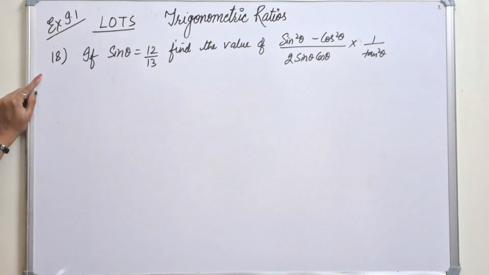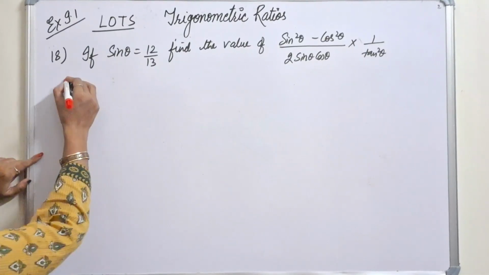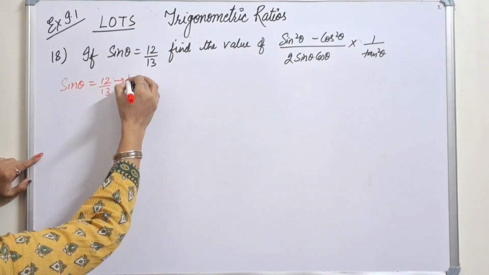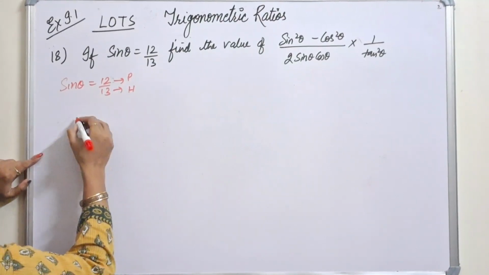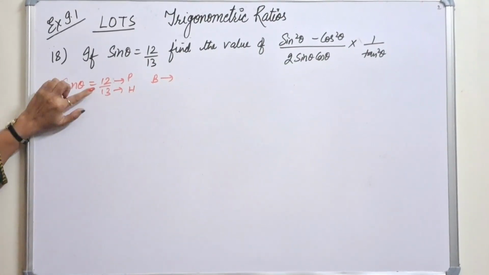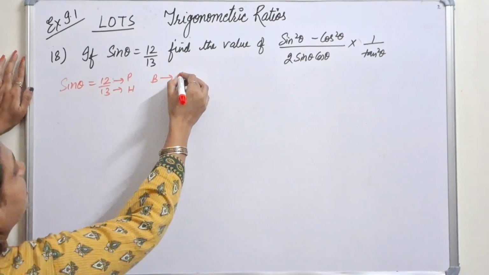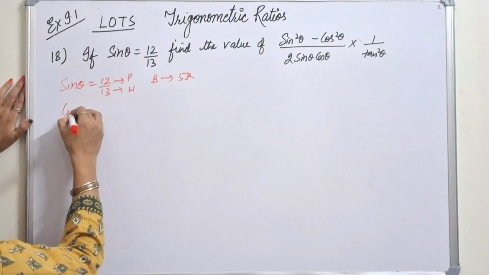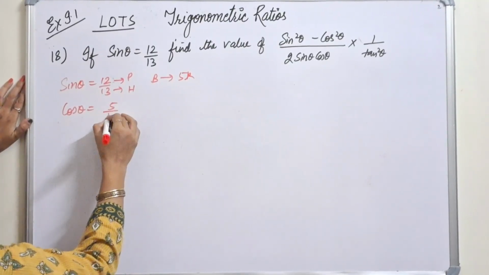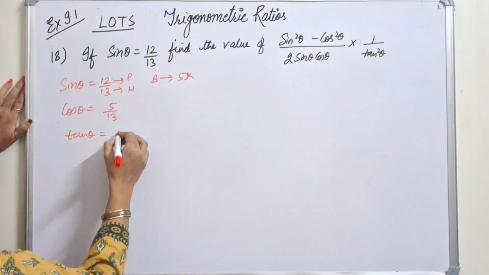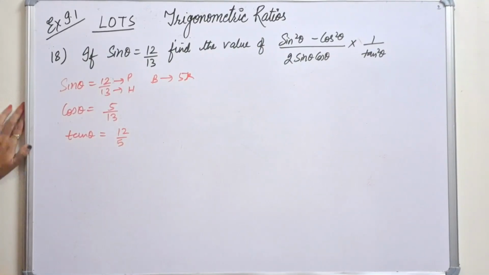See, sin theta is given to you as 12 upon 13. So we have done a lot many questions. This is perpendicular and this is hypotenuse. So base will be directly, you will be writing because 13, 12 and 5 is Pythagorean triplet. So 5k. Now cos theta will be 5 upon 13 and tan theta will be 12 upon 5.